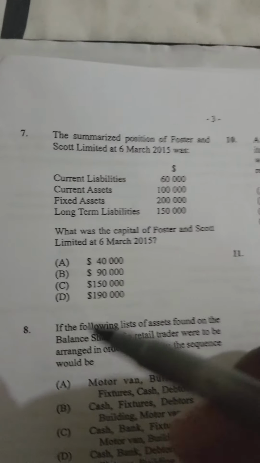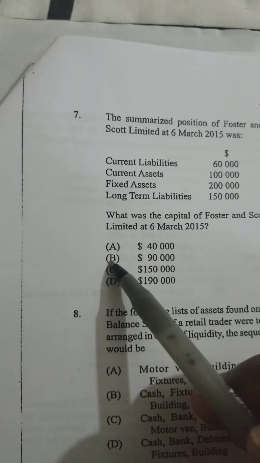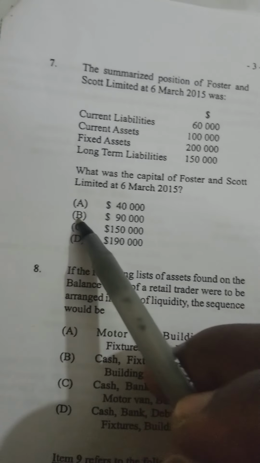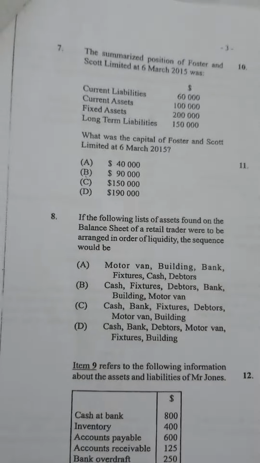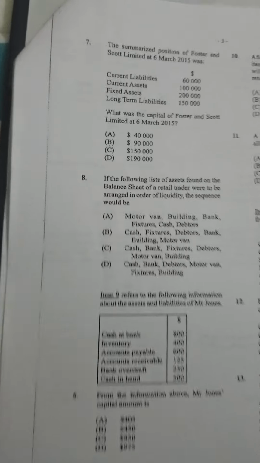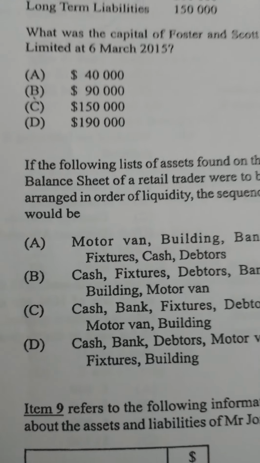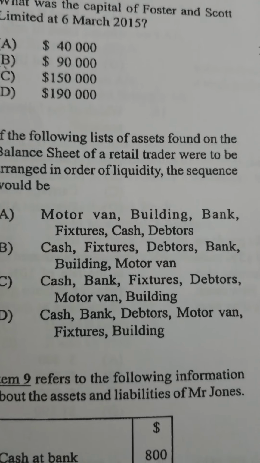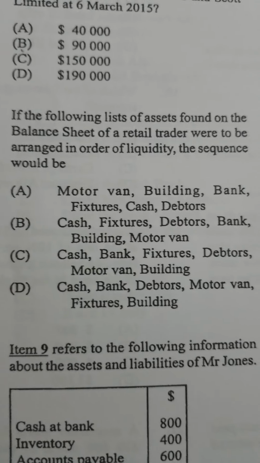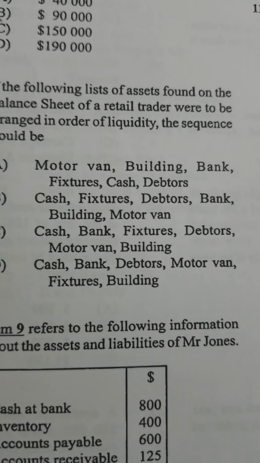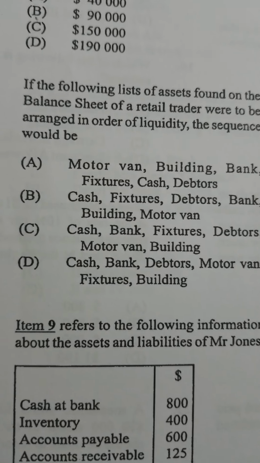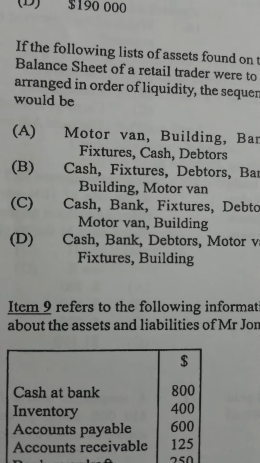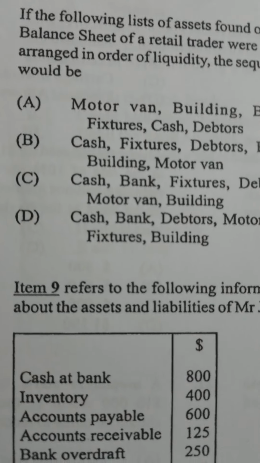So let's see, did we identify it? Yes. So it is now B, 90,000. Let's move on. Question 8 says, if the following list of assets found in the balance sheet of a retail trader were to be arranged in order of liquidity, the sequence should be.